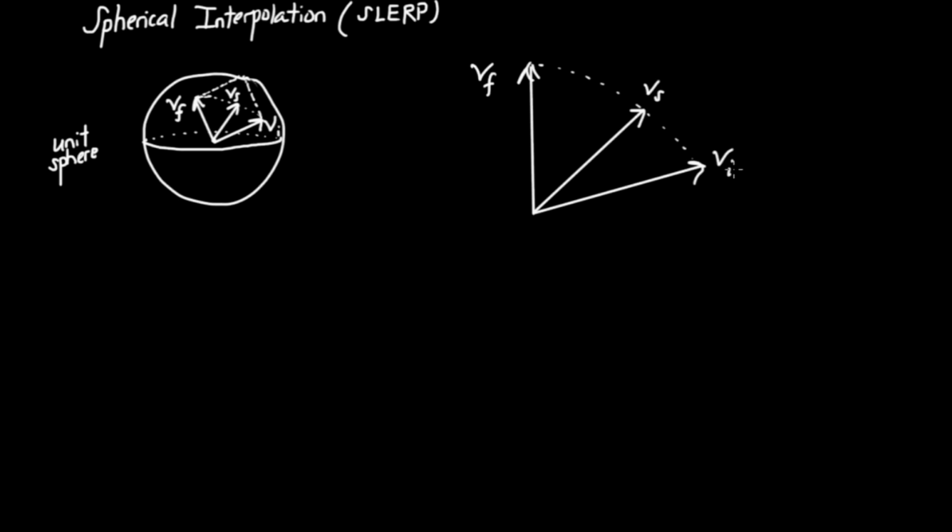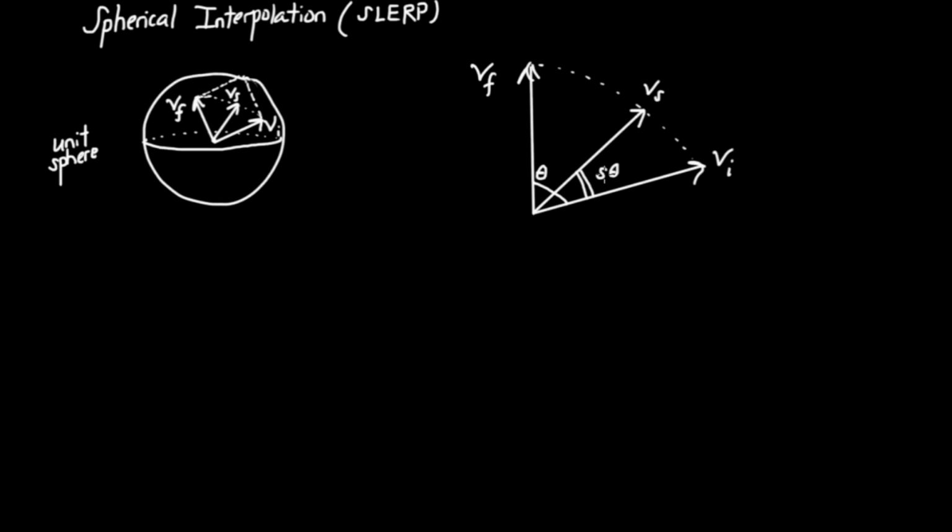Now, V_i is going to make some angle with V_f. Let me call that angle from there to there theta. Now, V_s is going to be some proportion of that full angle theta. So the angle from V_i over to V_s, this angle right here, which I'll mark doubly, is just going to be that parameter s times theta.